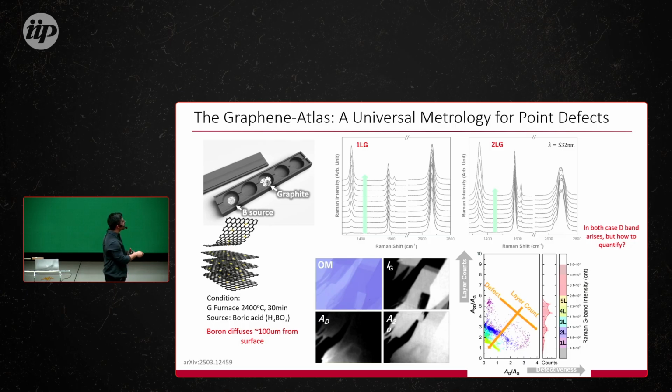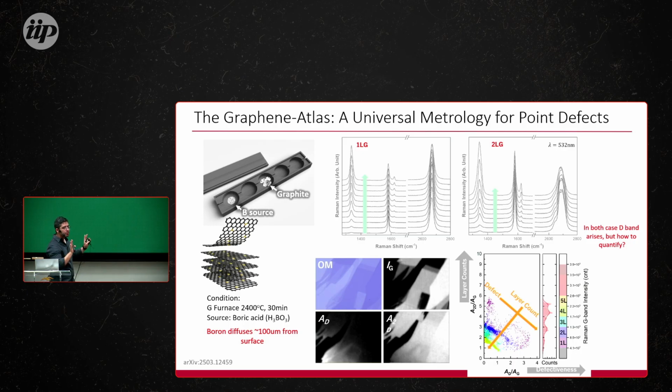It's interesting that different points on this flake have different boron concentrations. When I say boron concentration, it means defects, same thing. Now I'm just replacing carbon by boron, that's all.